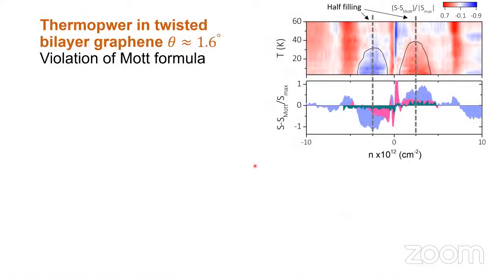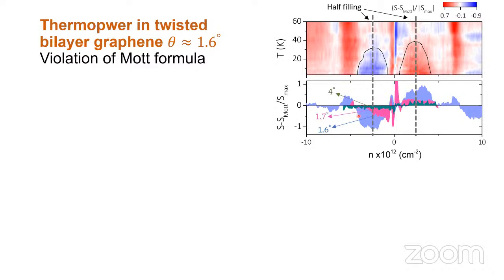Now, I have shown this as a function of temperature in this figure. You can see at half filling there is a negative excess thermal power, and at half filling on the other side, there's a positive excess thermal power.